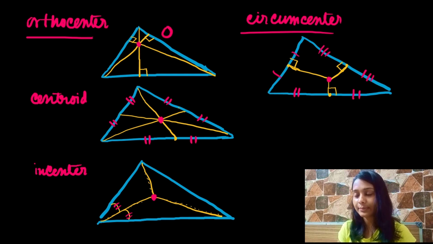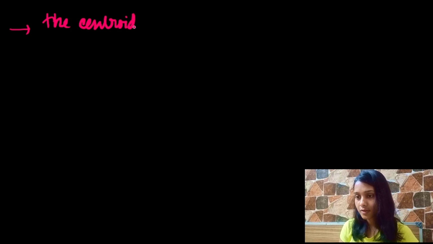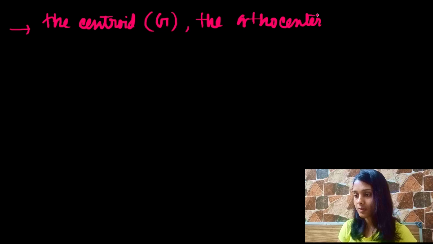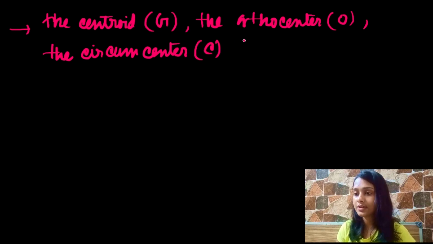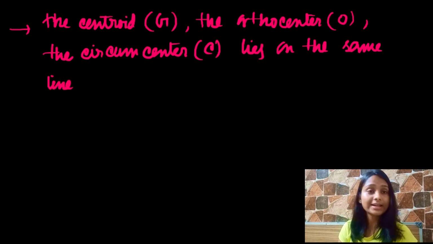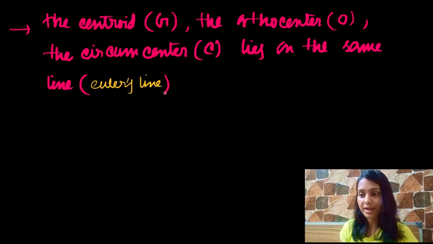Suppose the orthocenter is denoted by O, the circumcenter is denoted by C, and the centroid is denoted by G. Then the theory is that the centroid, let me write it as G, the orthocenter as O, and the circumcenter, which is C, lie on the same line, and that line is known as Euler's line. So they lie on the same line.